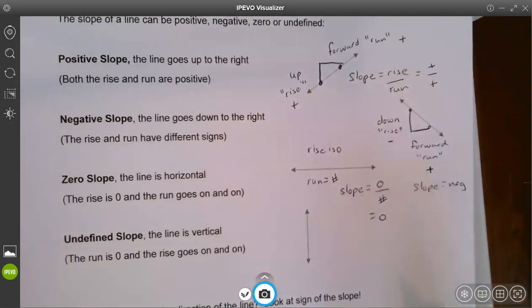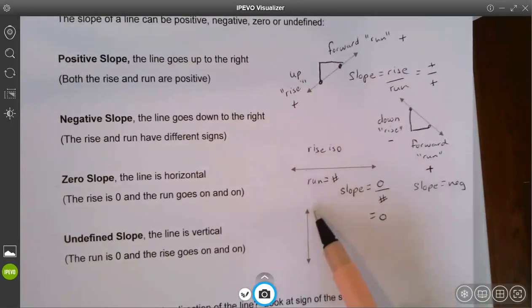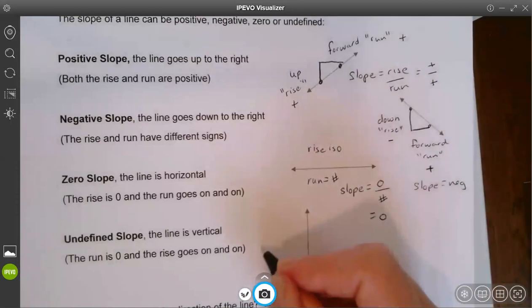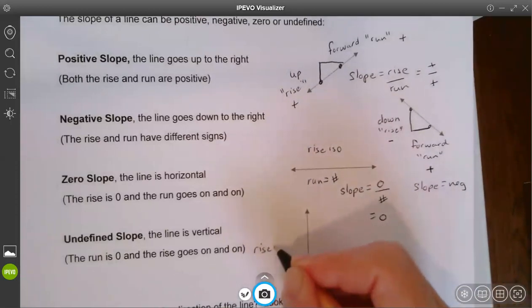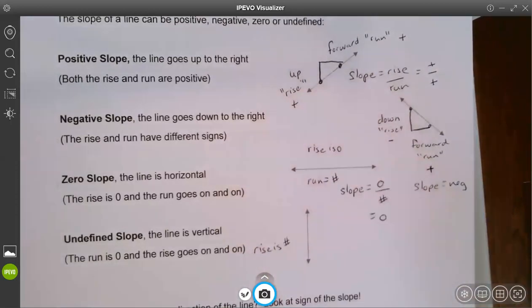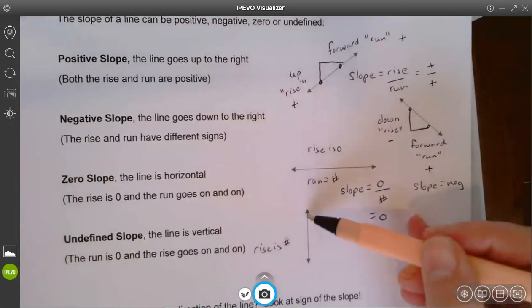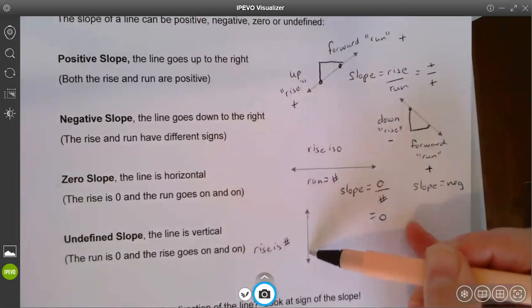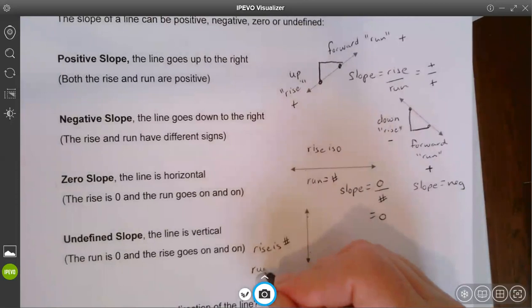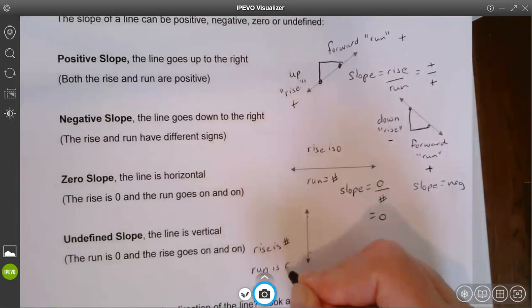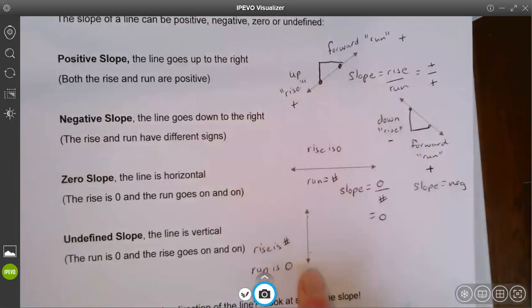Now the tricky one is the vertical line. In this case, the rise is some number. I can't actually figure out where we're going to start and where we're going to end. But the run is zero because there is no change in the x values.